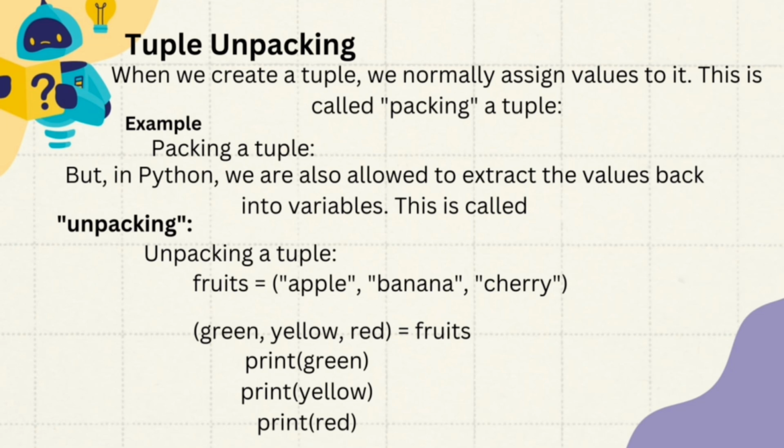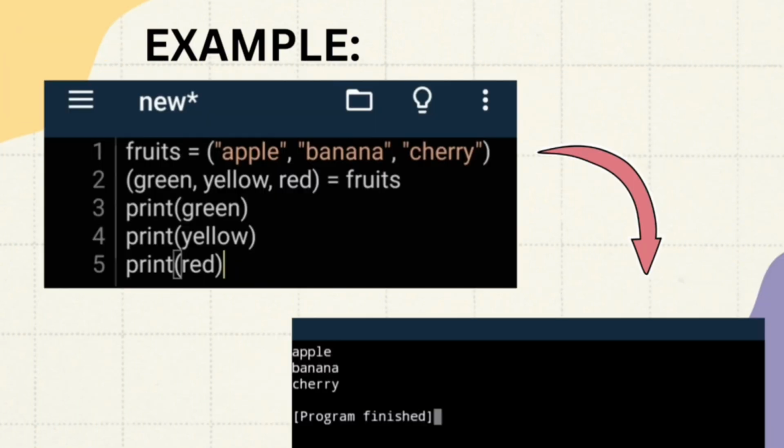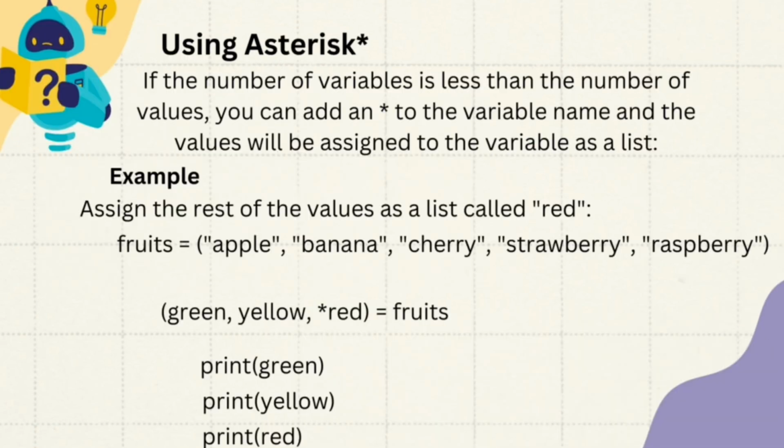But in Python, we are also allowed to extract the values back into variables. Using asterisk. If the number of variables is less than the number of values, you can add an asterisk to the variable name and the values will be assigned to the variable as a list.